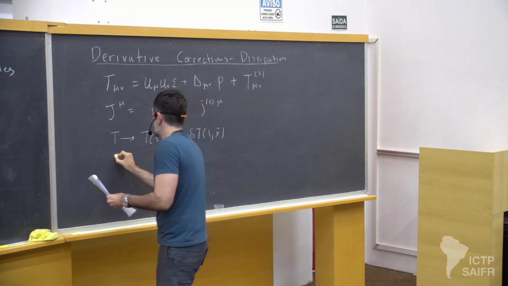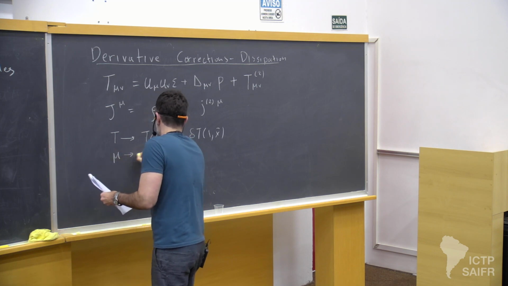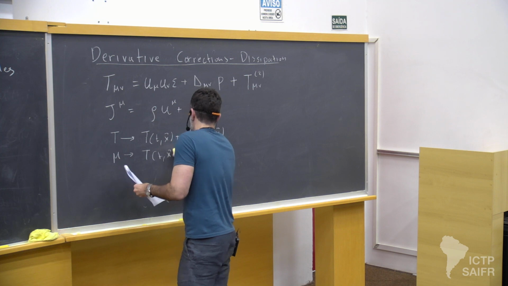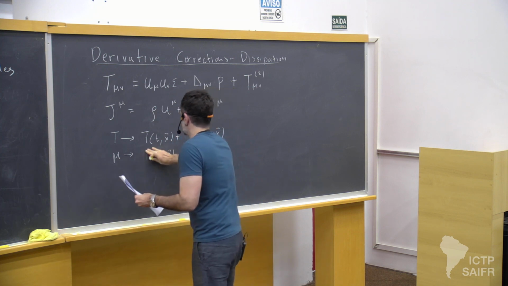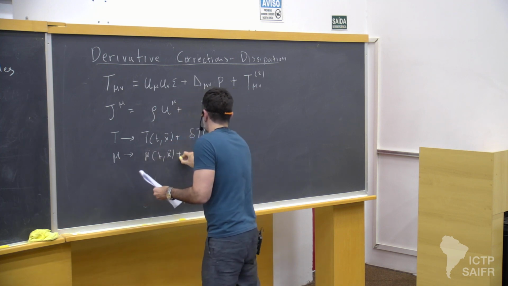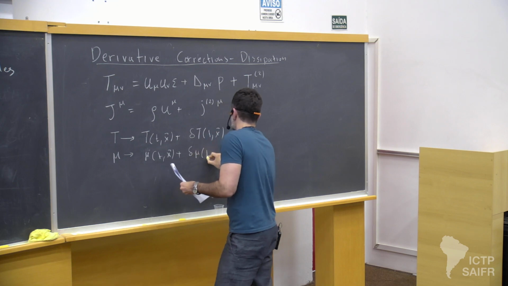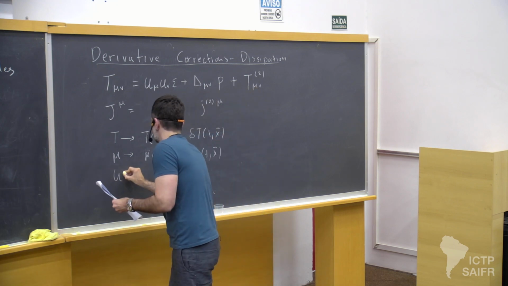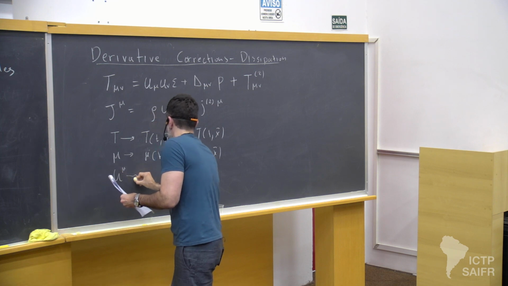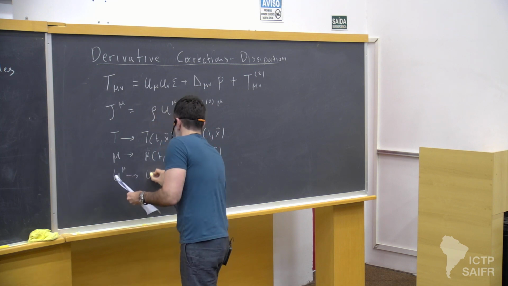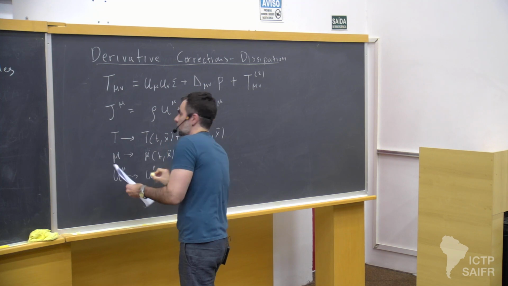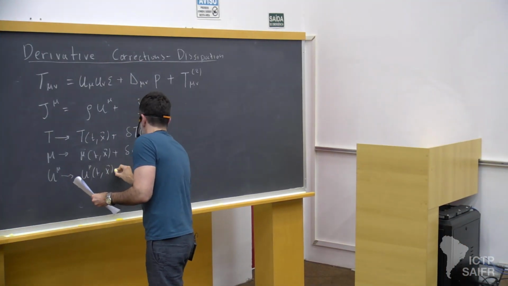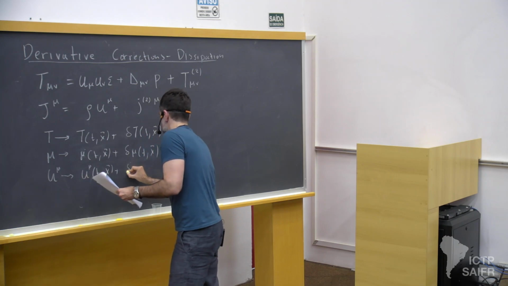I can do the same with mu. And I can do the same with v. I can plug in my solution that I found from there. I can just shift things.